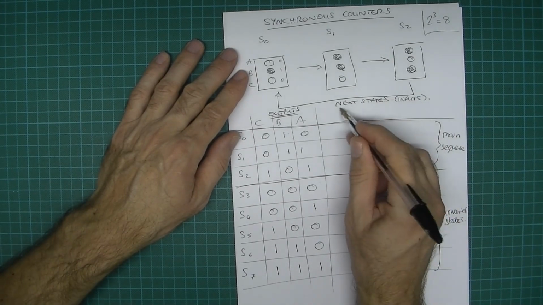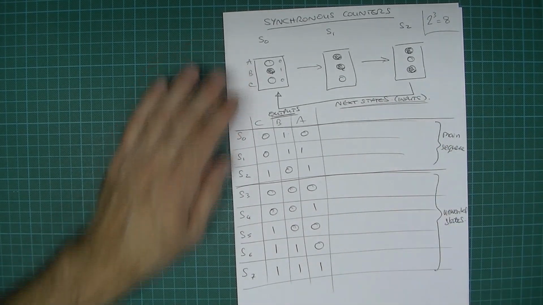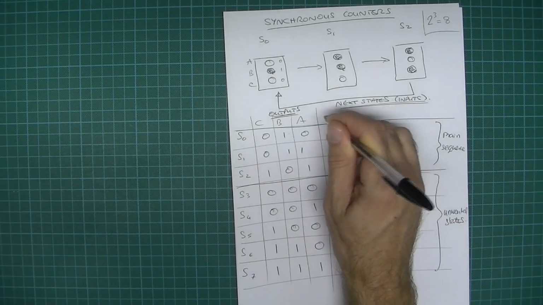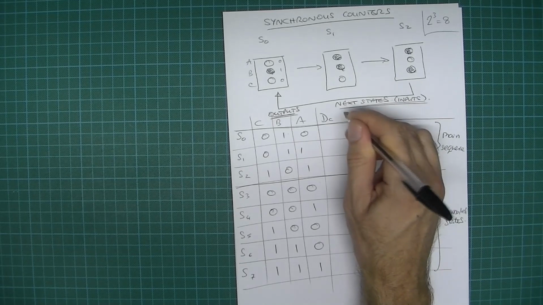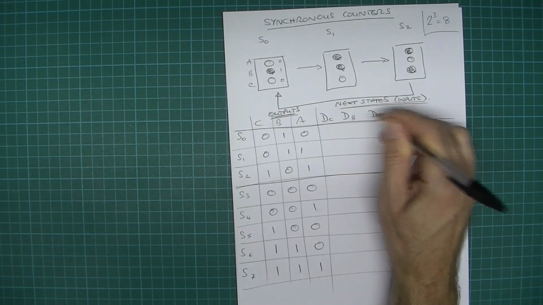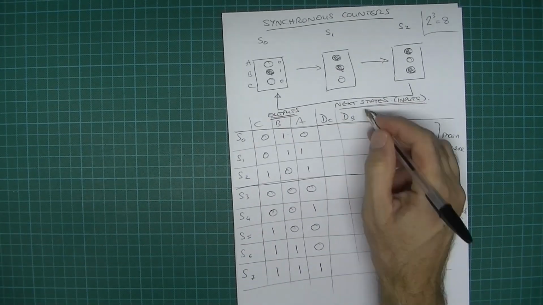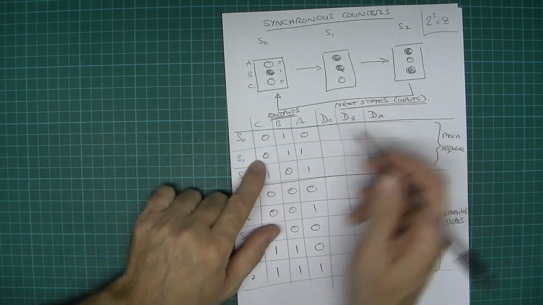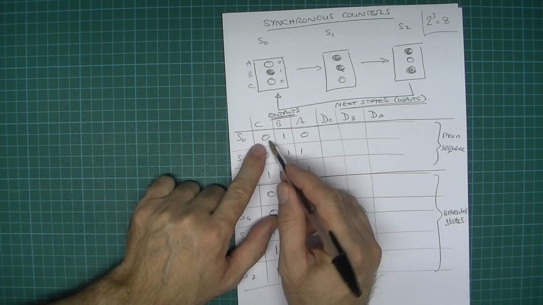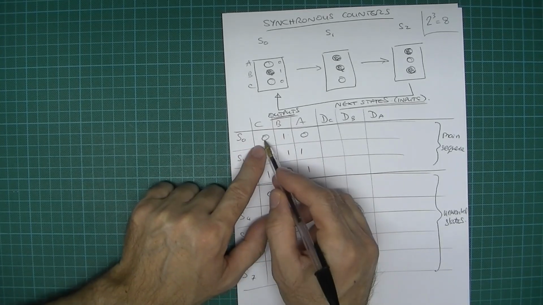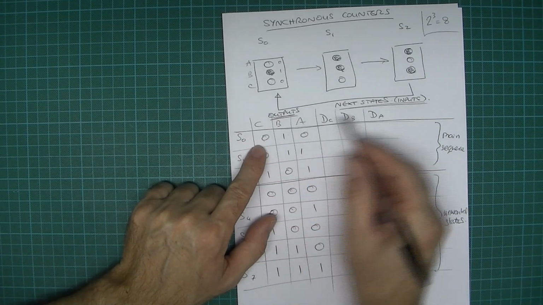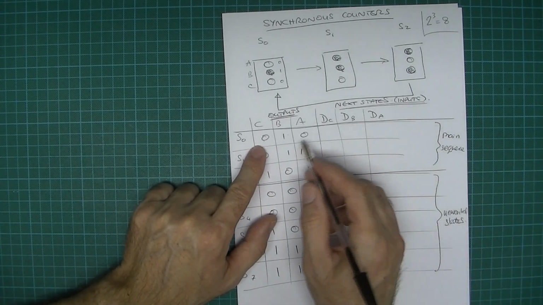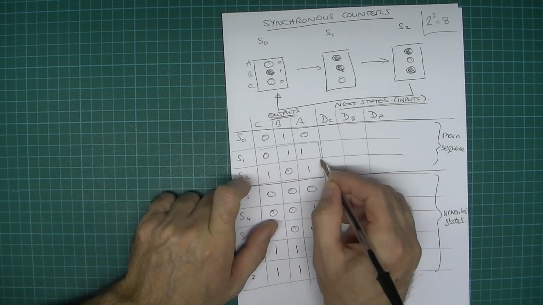When we develop the logic circuit, you'll understand why these are inputs and why I'm going to name them data C, data B and data A. Just for the moment, just take it for granted that's what we're going to call them. So if, for example, we are currently in the state 0 and we have 0, 1, 0, the next state, the inputs that will be loaded in the next sequence would be this.